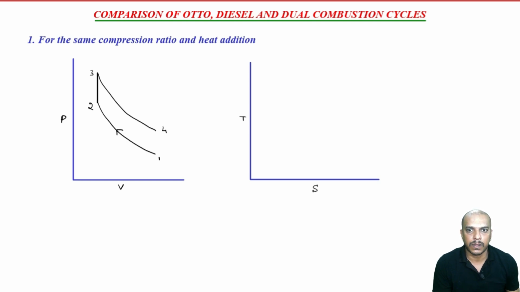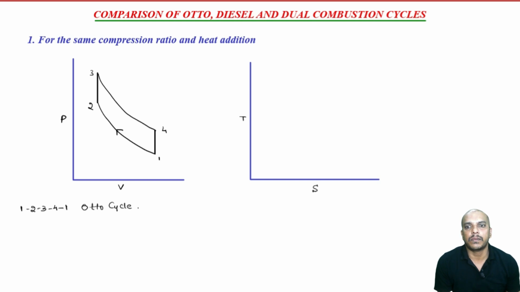Then we will have this heat rejection at constant volume. This is our Otto cycle. Now we can write 1, 2, 3, 4, 1 is our Otto cycle.